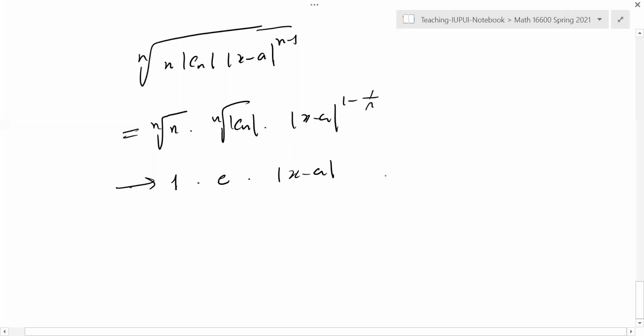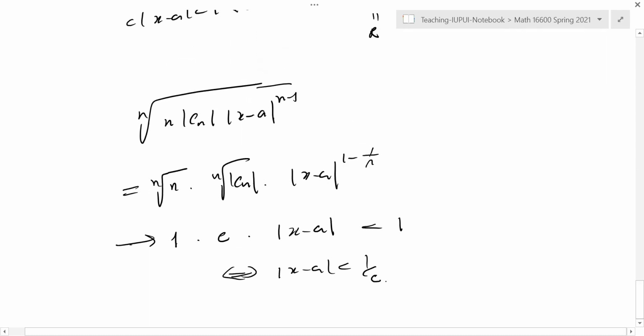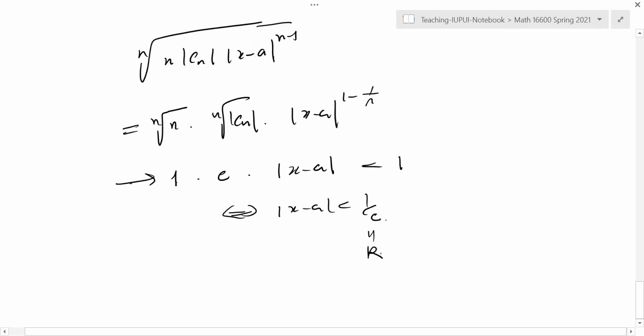All right, so again, this is less than 1 if and only if |x minus a| is less than 1 over C. So that's why the radius of convergence is also 1 over C. They have the same radius of convergence, right? So this is my radius of convergence for the new series. I just explained to you in general that both series have the same radius of convergence.